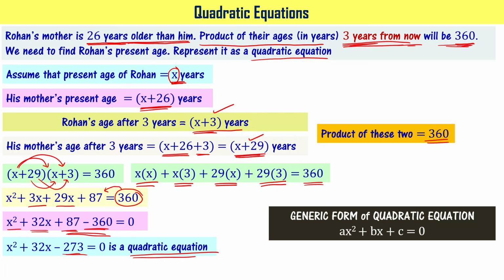It means you will get the present age of Rohan, right? That's what you would be interested in finding. In the upcoming video, I'm going to show how to solve quadratic equations so that you will be able to solve some word problems and solve quadratic equations in general, right?